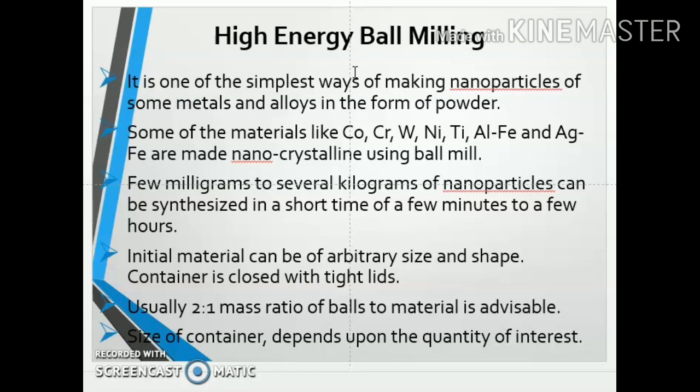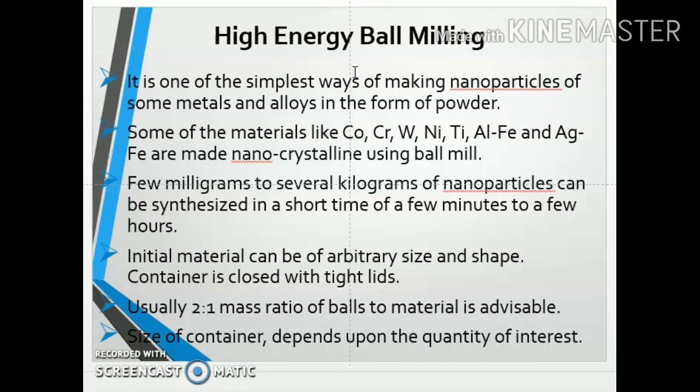This process usually depends upon the volume or the quantity of interest. So it may vary from a short period of a few minutes to a few hours depending upon the quantity. The initial material can be of arbitrary size and shape, and after feeding the lumps of arbitrary size and shape, the container is closed with tight lids.